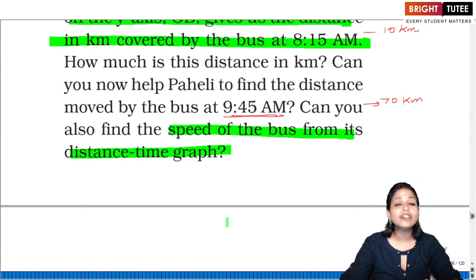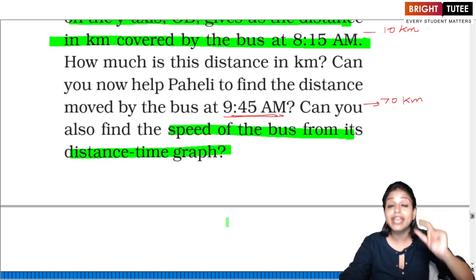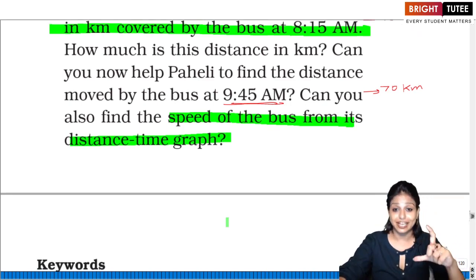But this is going to come in your syllabus in your future classes. So you need to hold your horses till then and understand that yes, apart from just plotting and reading the data, we can tell the intermediate data, and we will also be able to find the speed from the distance time graph.